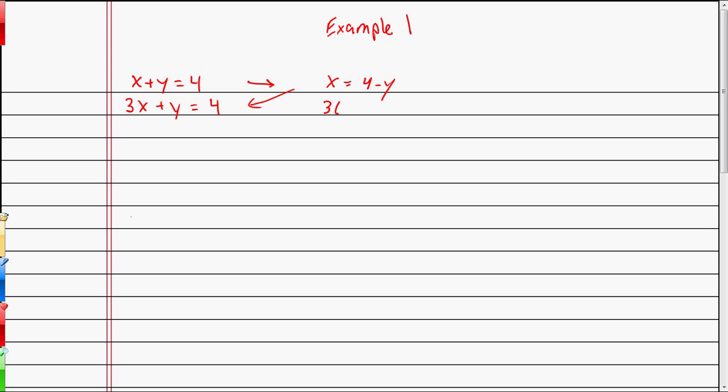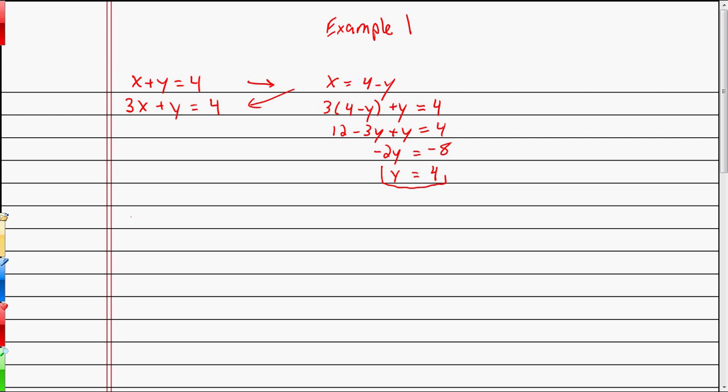So I'd have 3 times (4 minus y) plus y equals 4. That would give me 12 minus 3y plus y equals 4. Let's see, that'll give me negative 2y. Subtract 12 from both sides, I get negative 8. And then y equals negative 8 over negative 2, which is 4.